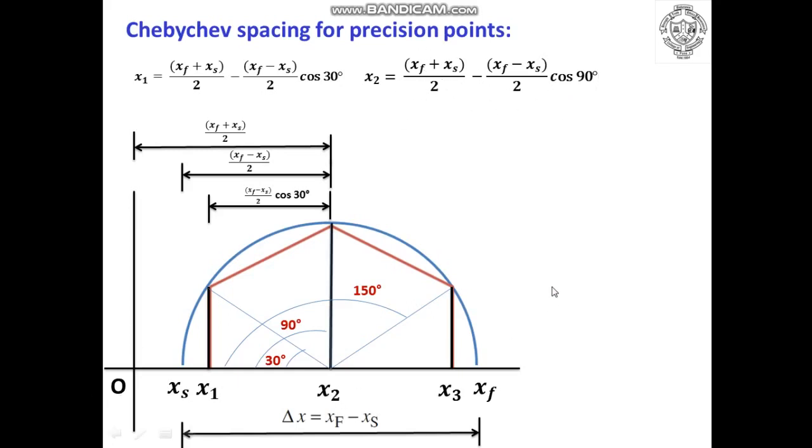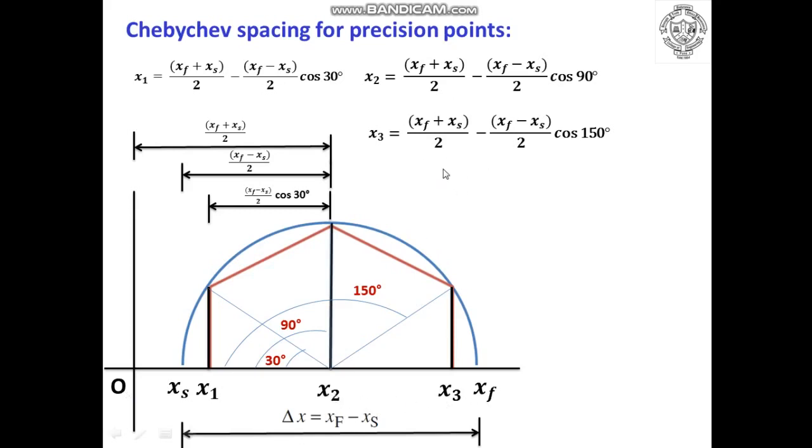Which is nothing but the distance from O to x2. And now for x3, we will consider the formula as xf plus xs divided by 2 minus xf minus xs divided by 2 into cos 150. So to find the value of x3, we need to consider the addition of the distance from O to x2 and then the distance between x2 and x3.